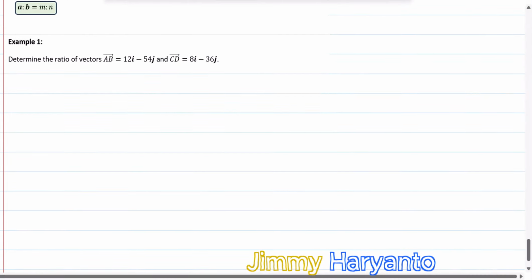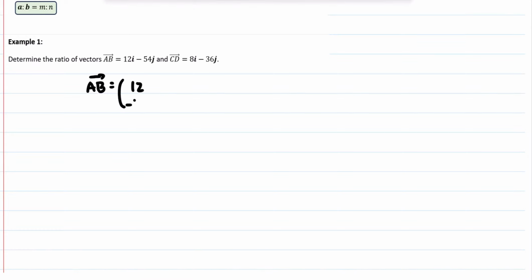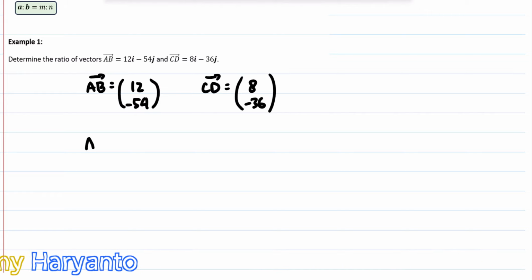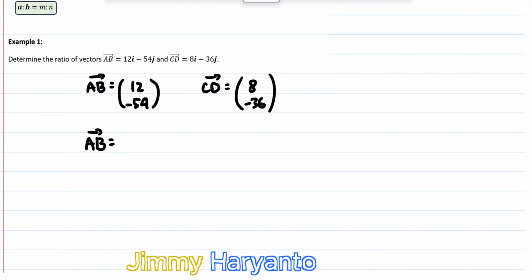Example 1, we have AB equals 12i and negative 54j, and we have CD equals 8 and negative 36. In AB, we do know that 12 and 54 have the same common factor of 6, right?